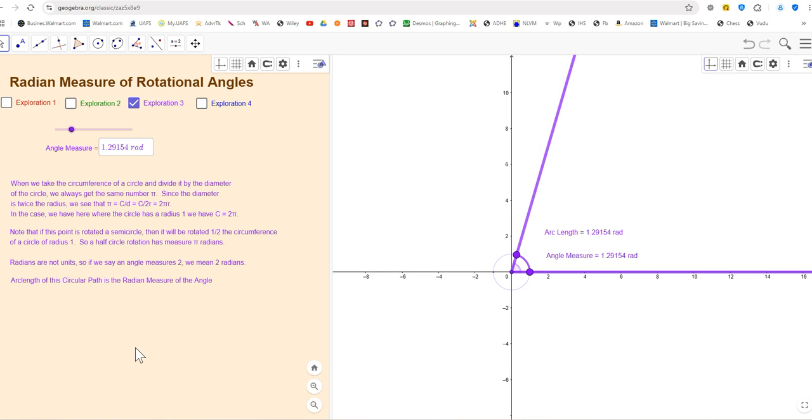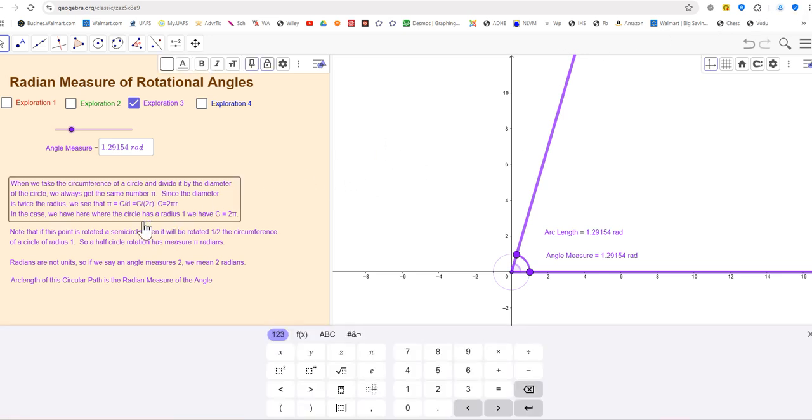So pi is the circumference divided by the diameter, or the circumference divided by 2r. Solving for circumference, the circumference is 2 pi r. In this case, r is 1, so the circumference then is just 2 pi going all the way around.